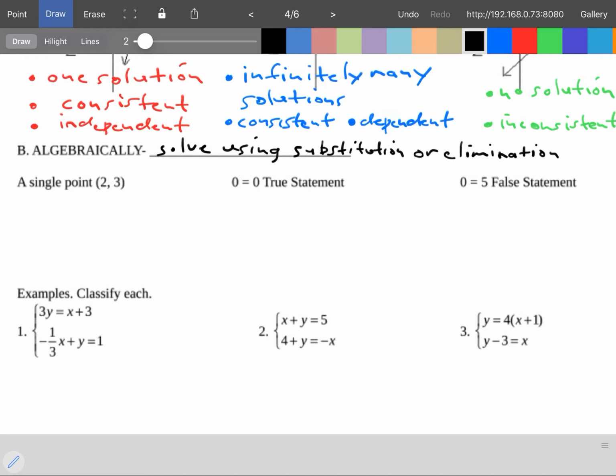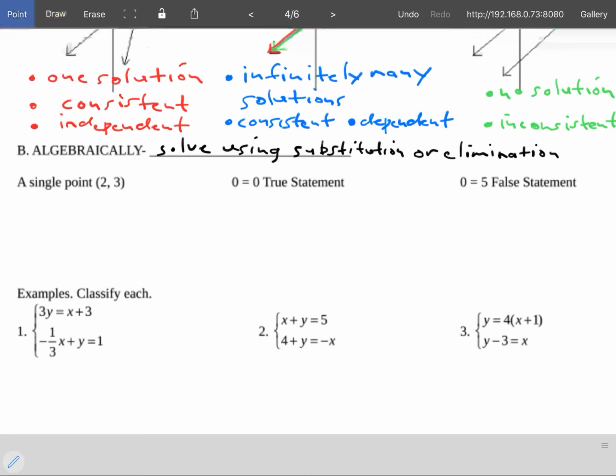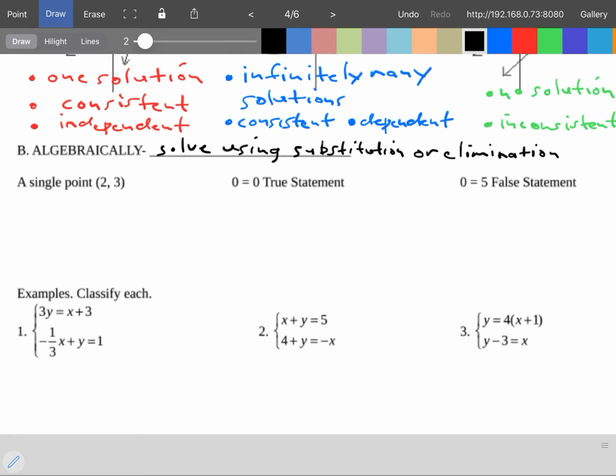Well, if we're solving using substitution or elimination, and you get a solution like this first example right here, remember this is the x and this is the y.